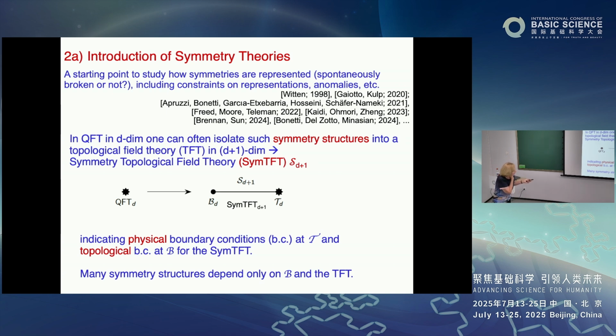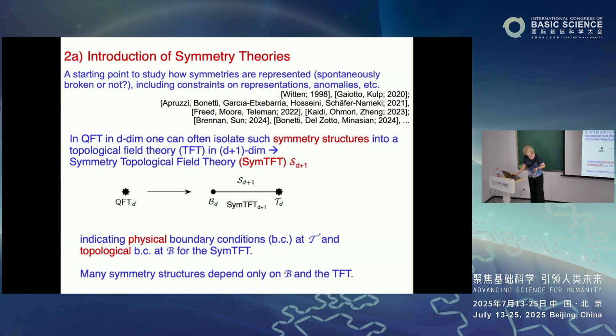Where on one side, we are dealing with physical boundary conditions of the original quantum field theory. On the other edge, we are dealing with boundary conditions that are topological and crucial for describing the full SIM-TFT structure. So it turns out for many questions we want to ask, it is actually these boundary conditions and this TFT itself that are crucial for the analysis.